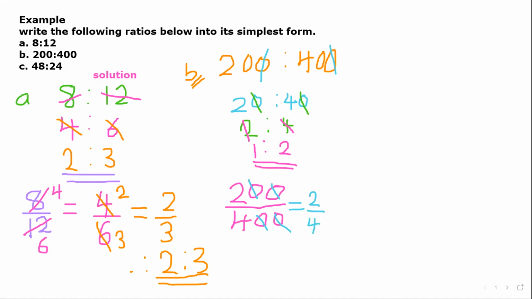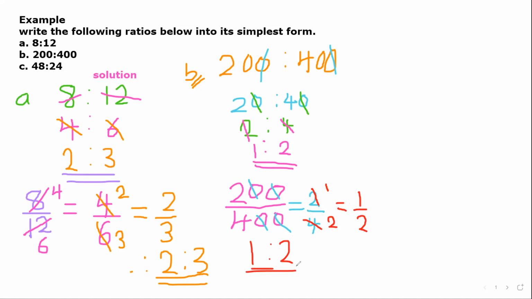And then the 2 over 4, the 2 goes into 2, 1. The 2 goes into 4, 2. Okay. Therefore, we have 1 over 2. When you have 1 over 2, you want to write 1 over 2 in a ratio form. It's the same as 1 to 2, okay?